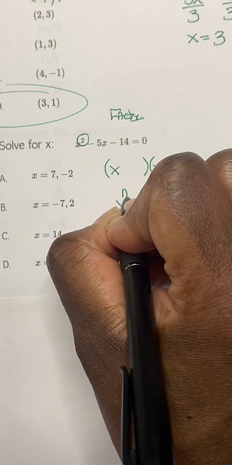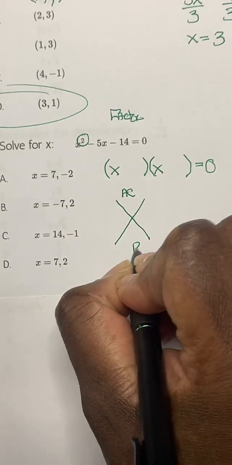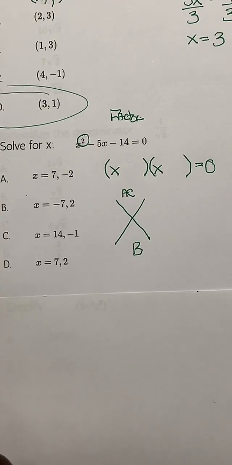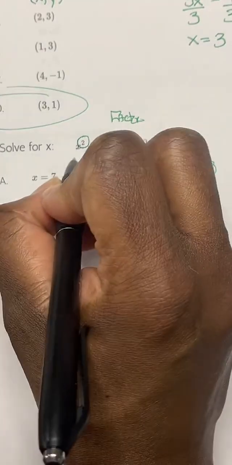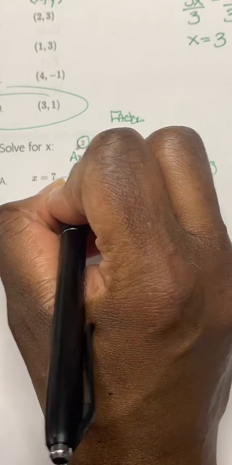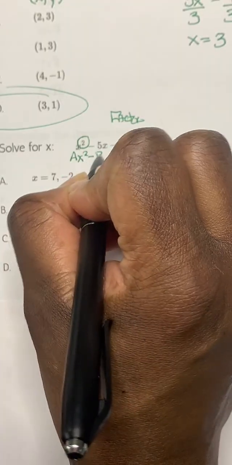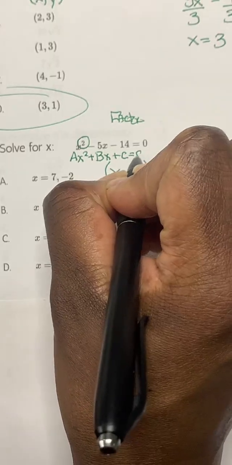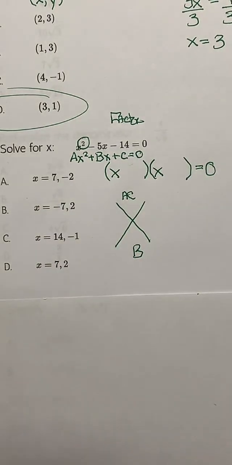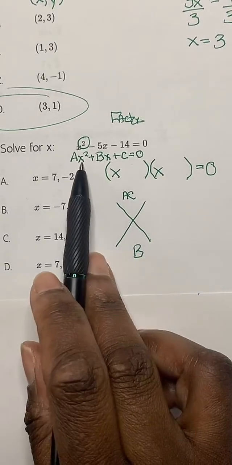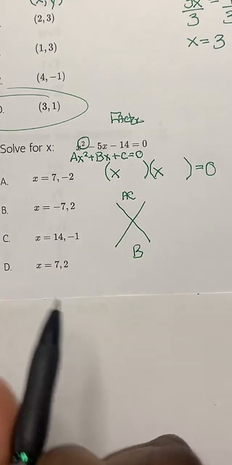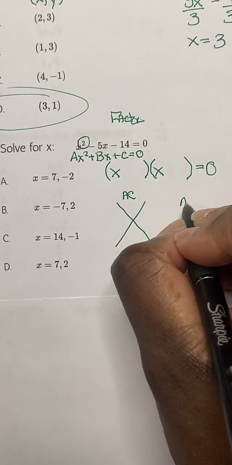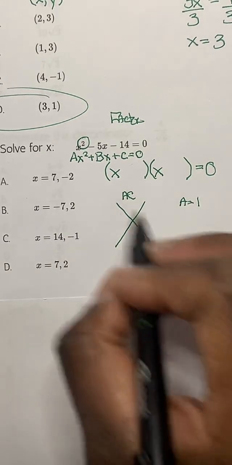So this is when I like to do the AC method. And you're probably saying, well, what's the AC method? Well, that's all based on what's called the standard form. The number that's in front of the x squared is going to be your a. In that case, it's a 1.